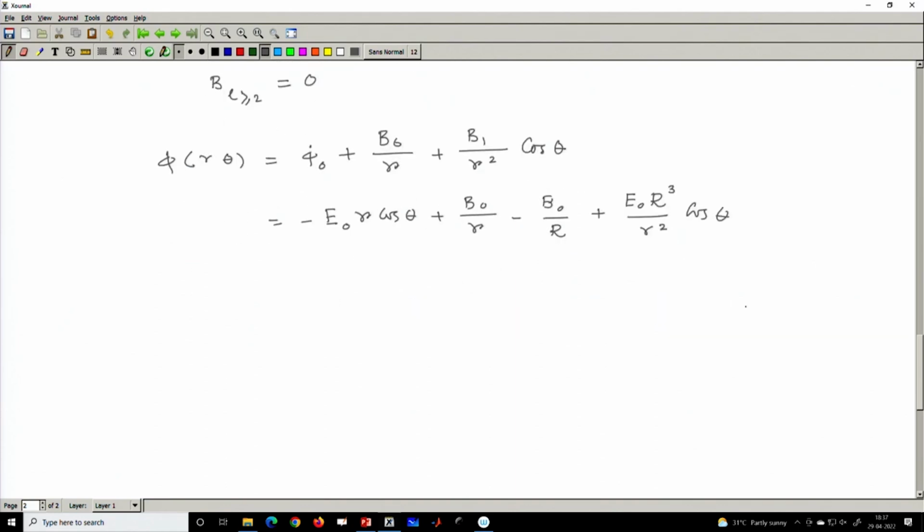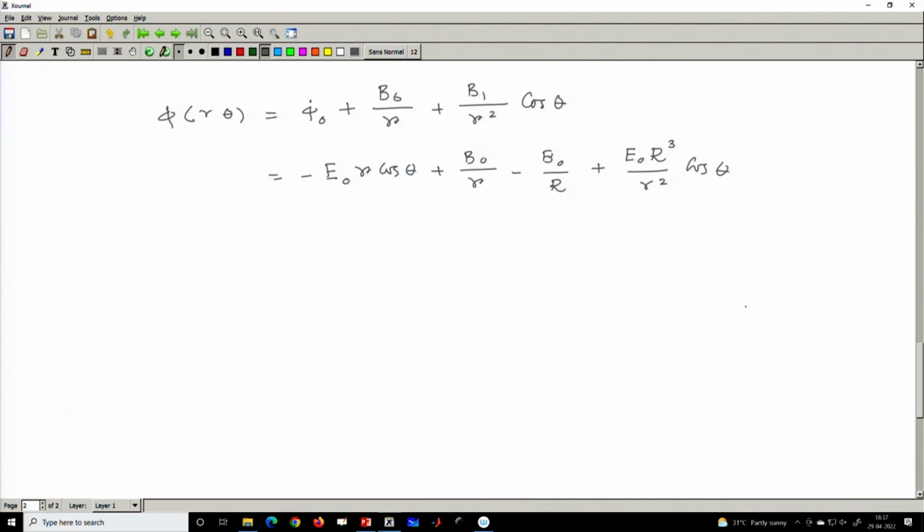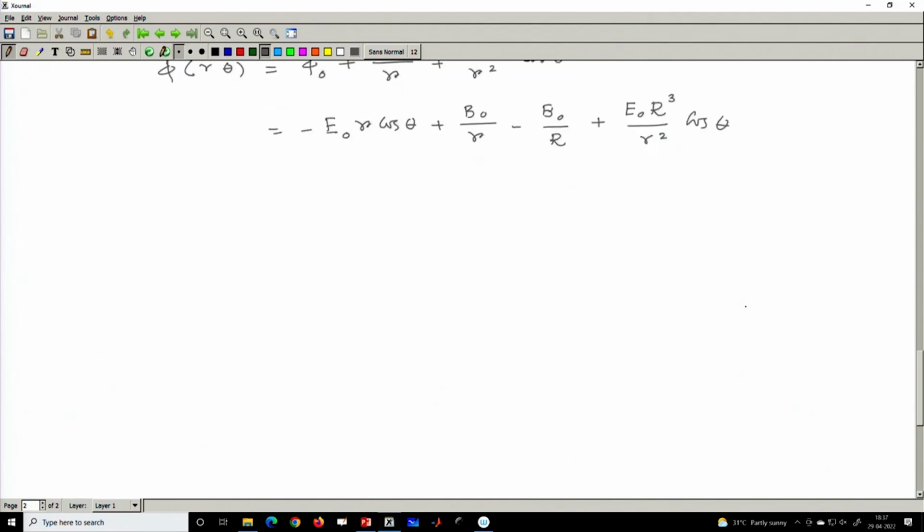Okay, so everything I try to write in terms of B0 and only one constant. Now I eliminate all the other constants, putting the boundary condition, and eventually I have 1 by R minus 1 by R, and then I have B0 plus E0 cos theta.